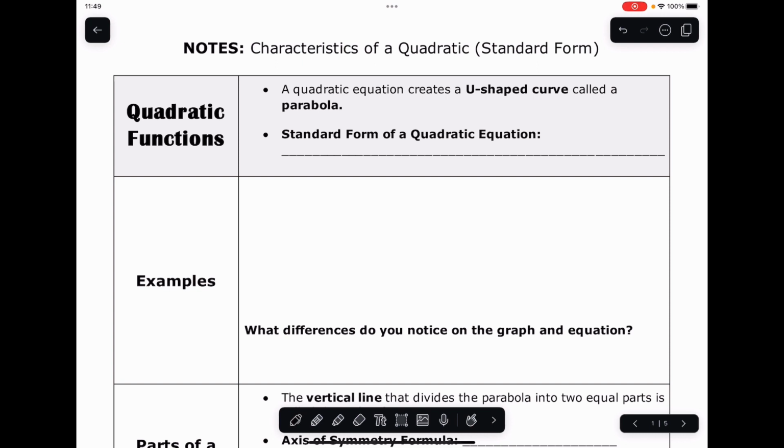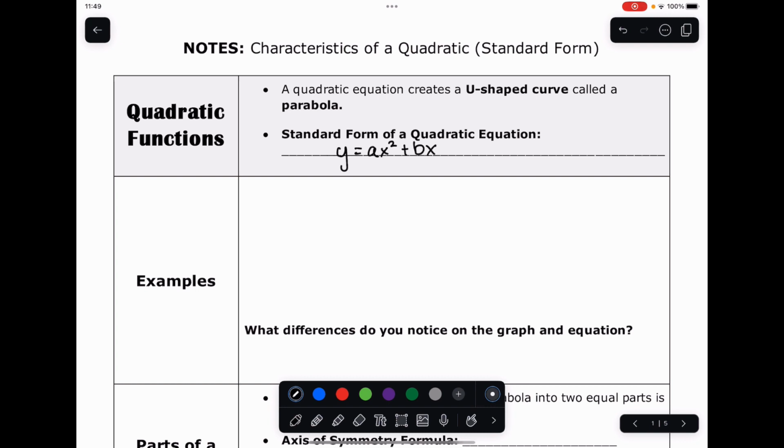Now, the quadratic equation creates a U-shaped curve called a parabola. And the standard form of writing this equation is y equals ax squared plus bx plus c. Now, the parabola can open in one of two directions.